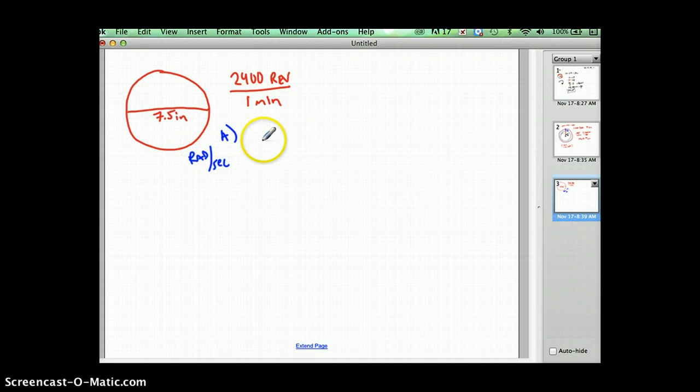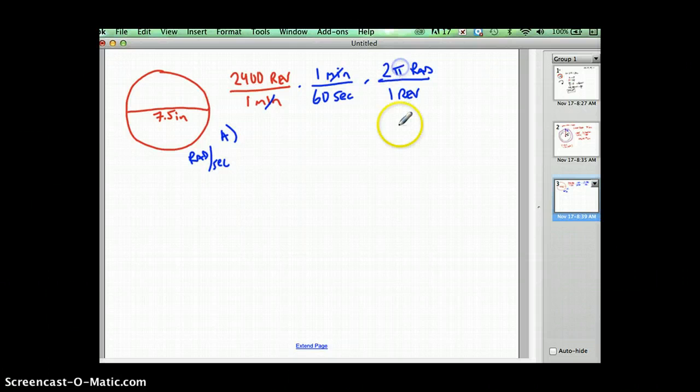Okay, so we're going to just start with our conversions. Take what you're given. Now we need to get it into seconds, so cancel out the minutes. There's 60 seconds in 1 minute. And now we need to get radians from revolutions. How many radians are there in one revolution, one time around a circle?